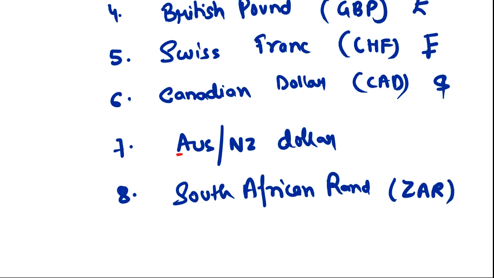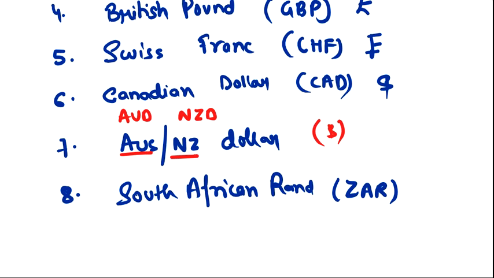So this will be written as AUD and this will be written as NZD. The symbol is the same as the dollar, the same which we are using for the US dollars. Clear? And one symbol is left, for the South African rand. Try to think. Have you ever seen this before? It is going to be a simple letter R. This is the symbol for ZAR.